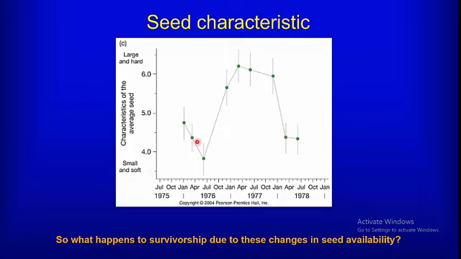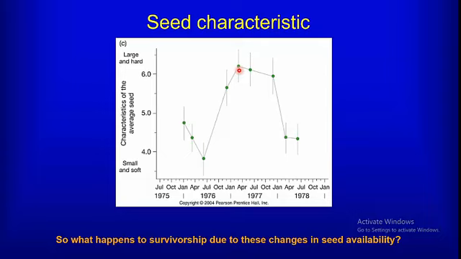So right at the beginning of the drought, an average seed, a seed picked up at random, was going to be small and soft, whereas as the drought progresses, these small and soft seeds basically get eaten up, and therefore what is left are the larger and the harder seeds. So the characteristic of an average seed shifts towards largeness and hardness. So the resource availability is changing drastically.